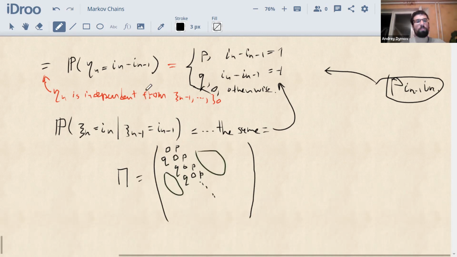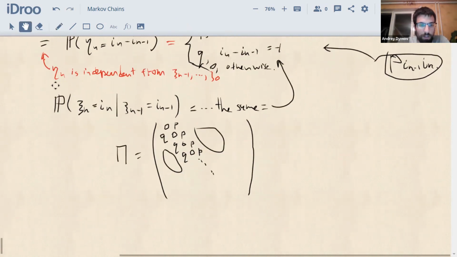So this is the transition probability matrix. I remind you that all our matrices can be of infinite size, and everything we were doing today was true for infinite matrices, right? Okay, so if you do not have questions, then let us finish.